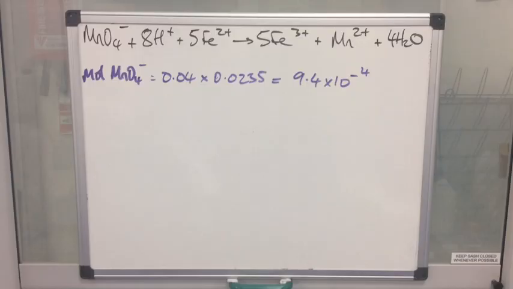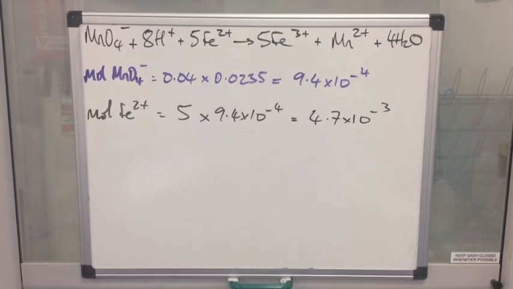So that comes out at 9.4 times 10 to the negative 4. From the mole ratio in the equation, we can see that we need to multiply the moles of MnO4 minus ions by 5 to get the moles of Fe2 plus. So that comes out at 4.7 times 10 to the minus 3.